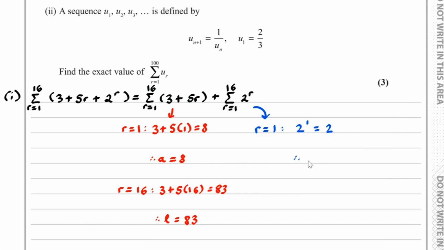So our first term, a, is 2, and our common ratio is 2, and the number of terms we have is 16.